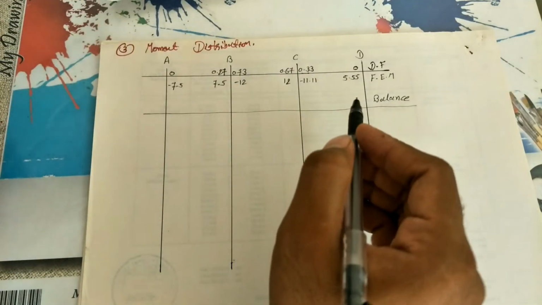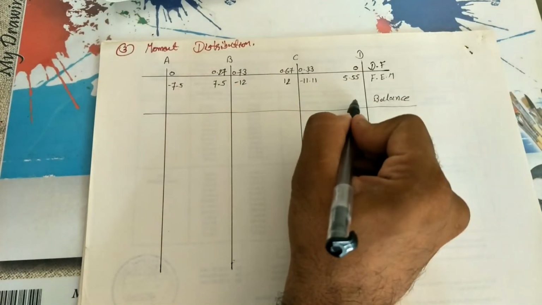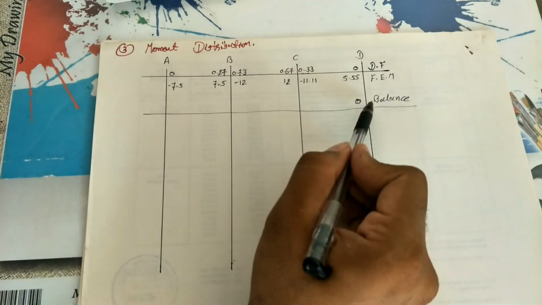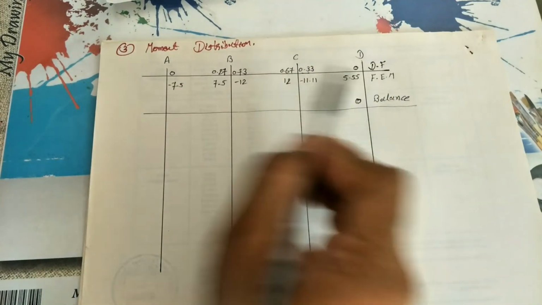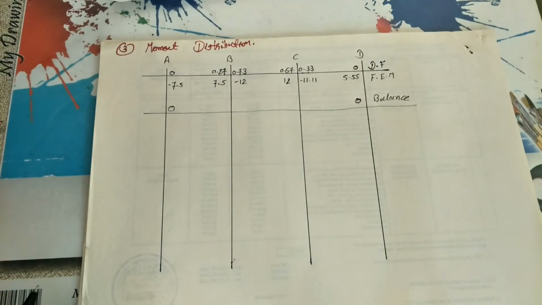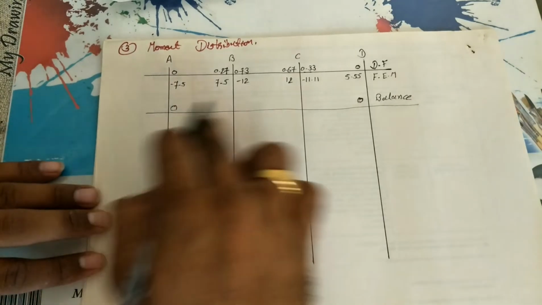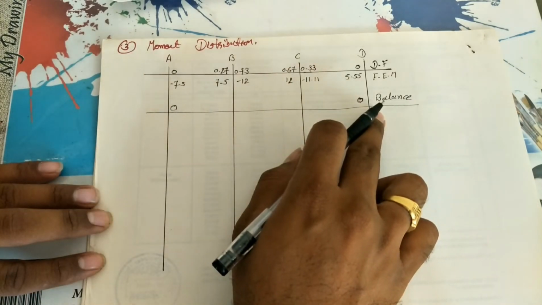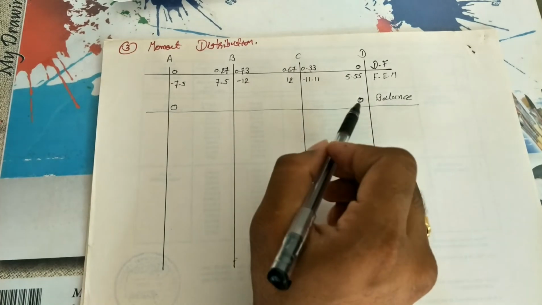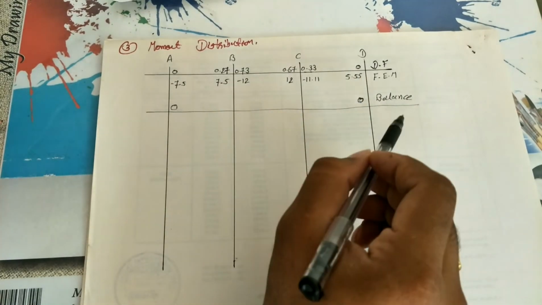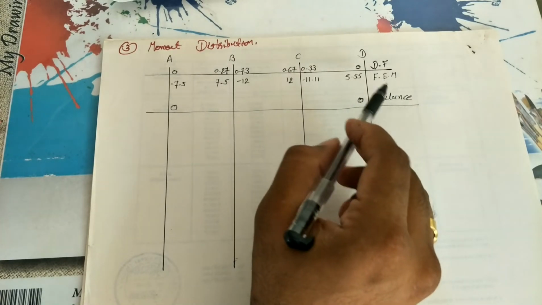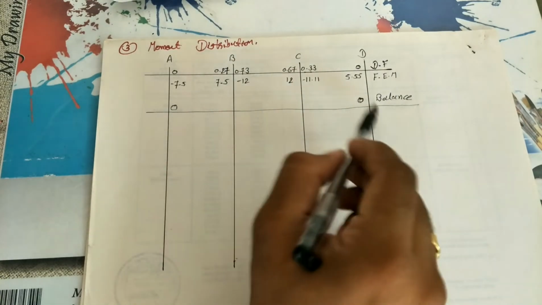Okay, so assume this end support as 0, 0. So balance like this. We have to balance all simultaneously whenever we are having a fixed support. So assume my ends are 0, 0. We have to directly assume the end support balance value as 0.